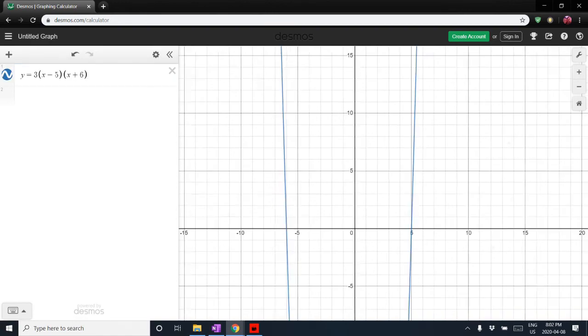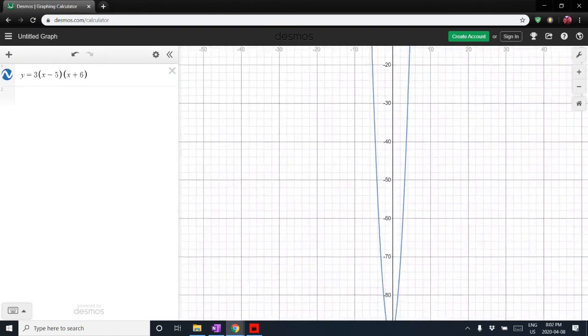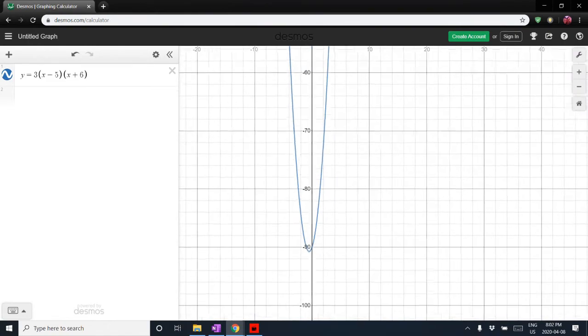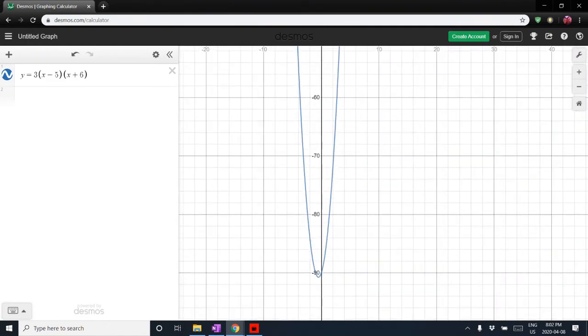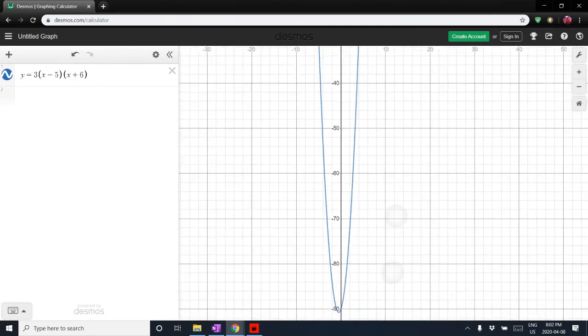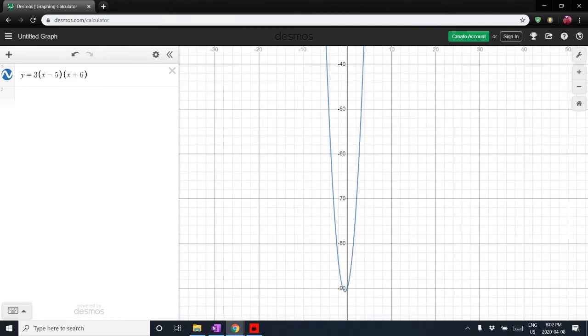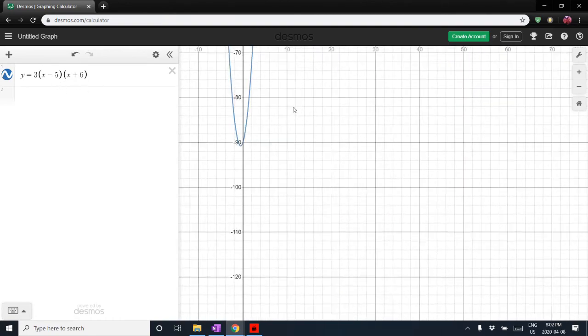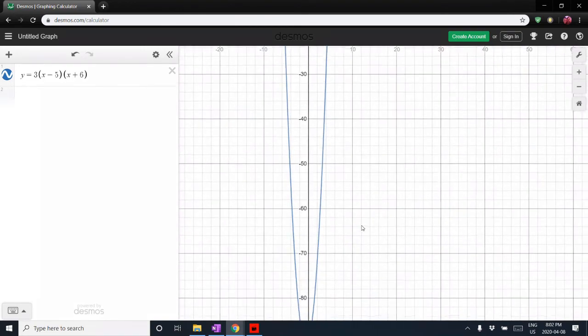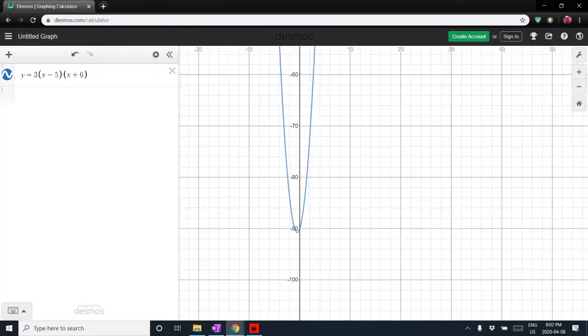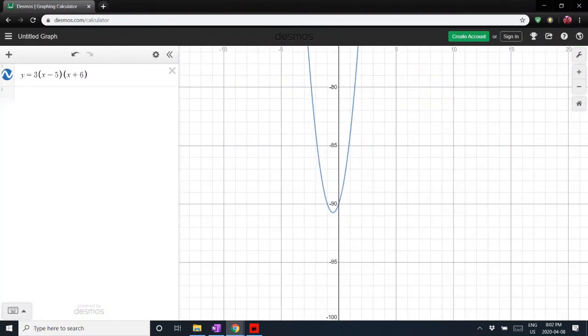Here we can see, when we zoom out and scroll down, that indeed we do have a parabola. This one starts very deep, but you can see that it is still a parabola. We'll just zoom in there so you can see it.